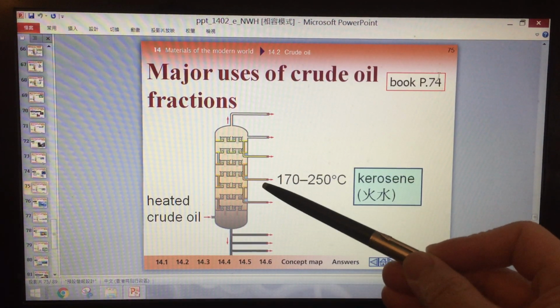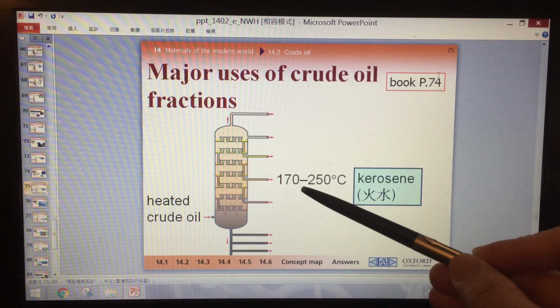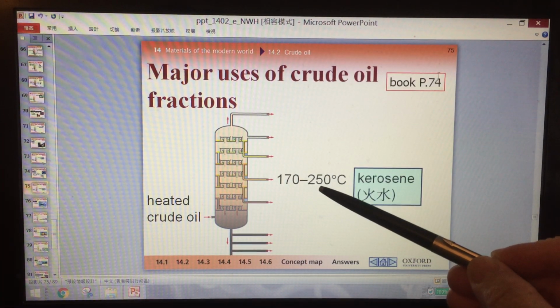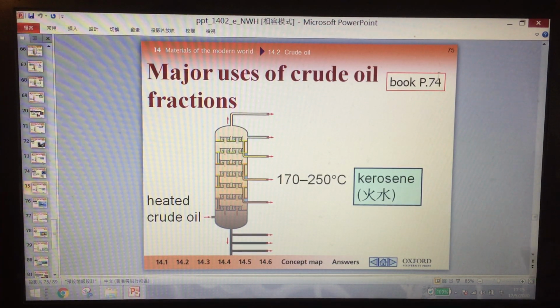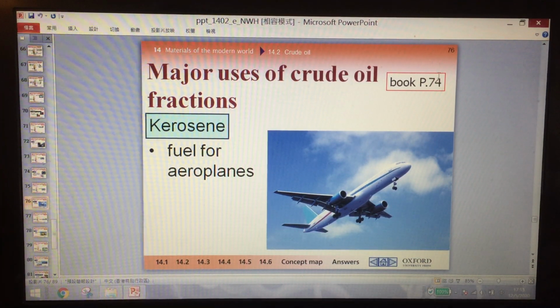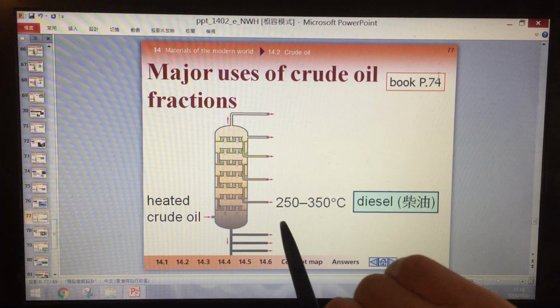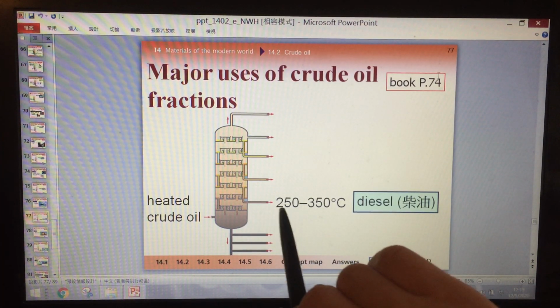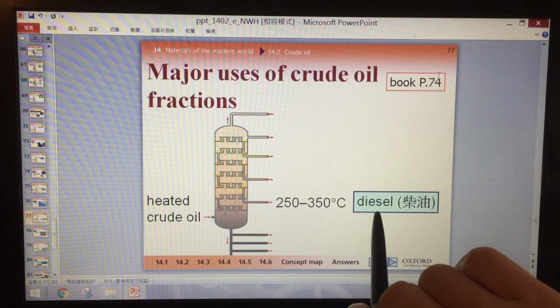Okay, larger size, higher boiling point, 170 degrees Celsius to 250 degrees Celsius. This is kerosene. Kerosene is fuel for airplanes. Okay, larger size molecule, higher temperature of boiling point. This is diesel.